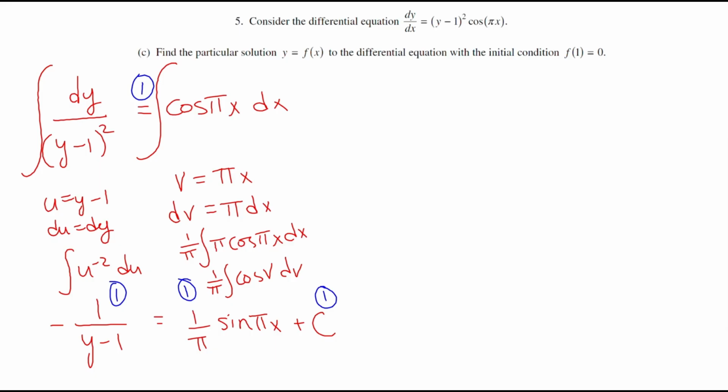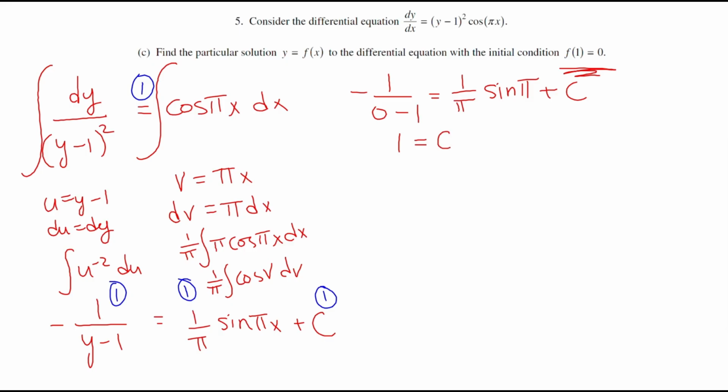The next step is to find the value of c. So we're going to use our initial condition that f of 1 is 0. So when x is 1, y is 0. So negative 1 over 0 minus 1 needs to equal 1 over pi times the sine of pi plus our constant. Well, negative 1 over negative 1 is just 1, so we get 1 equals the sine of pi, which is just 0, right?